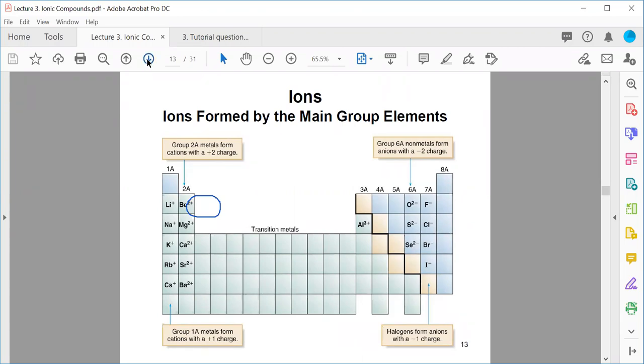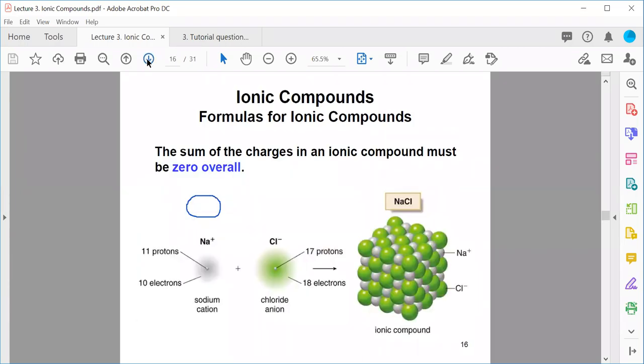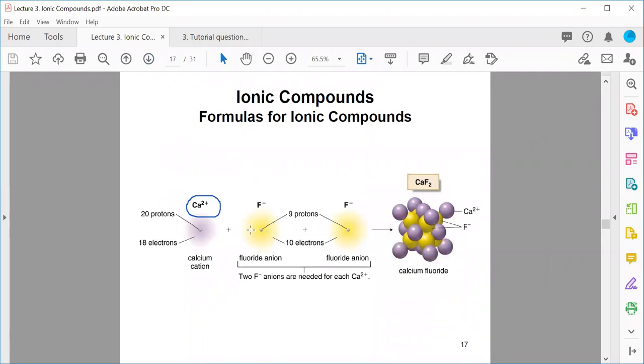So it's a single negative on the fluoride. That's how you determine the charges, an easy way of determining them. We have only a single negative charge here, but a 2+ charge here. If these were to bond together, it wouldn't be balanced, would it?